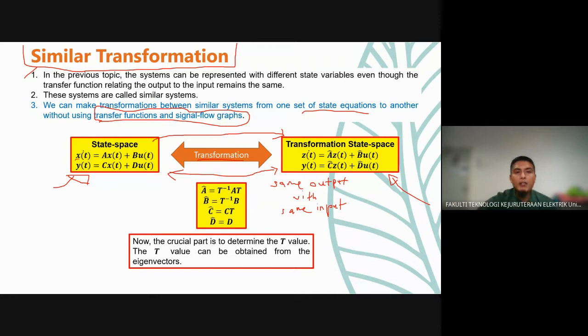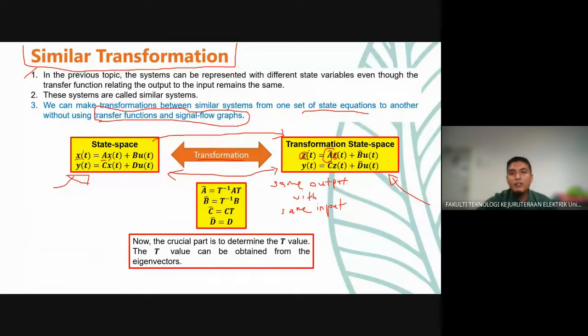For X, you just use the symbol Z. Okay, just replace it. For A, you change to A hat here. So every X needs to change to Z. Okay, every X change to Z. For the A, B, C and D matrices, you just need to put the hat here.